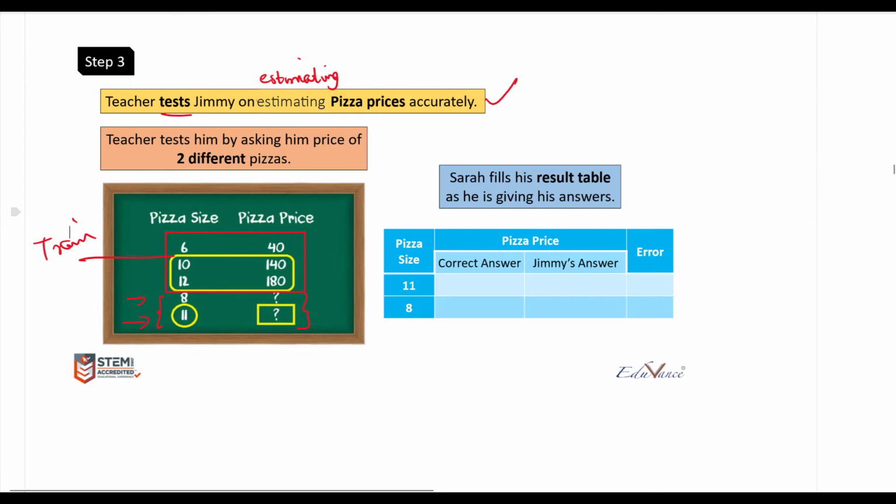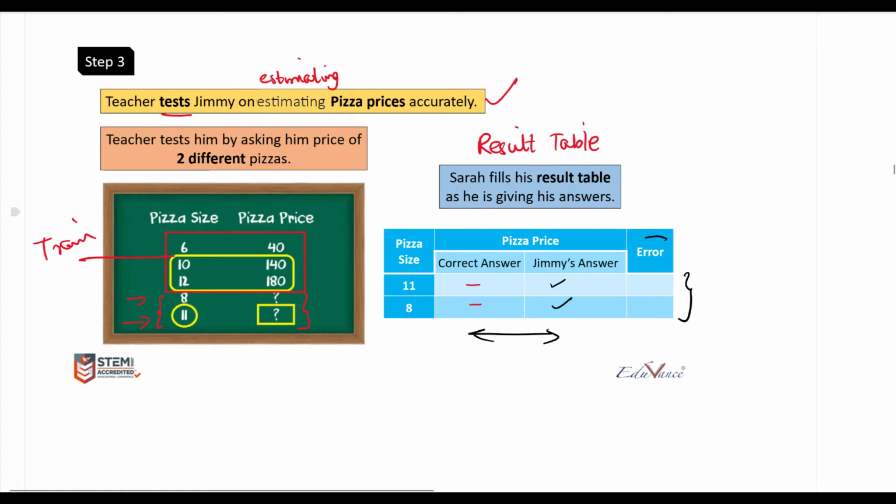Based on that, Sarah, if you remember, is responsible for filling in the result table for Jimmy. She knows the correct answers and she is filling in the answers given by Jimmy here. Based on the difference between the two, she calculates the error.